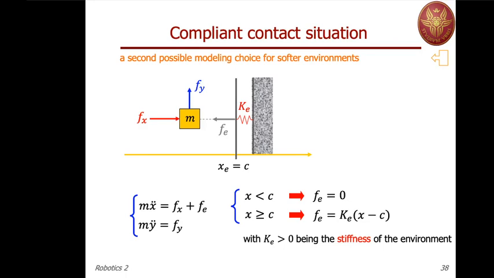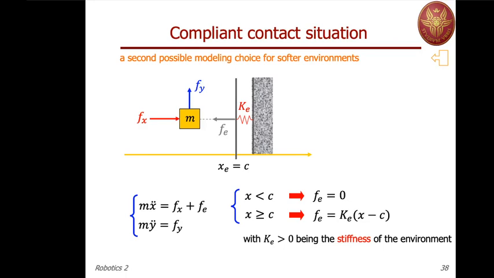But as soon as x becomes greater or equal than c, we will generate a reaction force, an elastic reaction force by the environment, which is proportional in the first approximation by the stiffness Ke positive to the deformation, so to the difference between x and c, assuming that x is slightly larger than c in the positive direction.